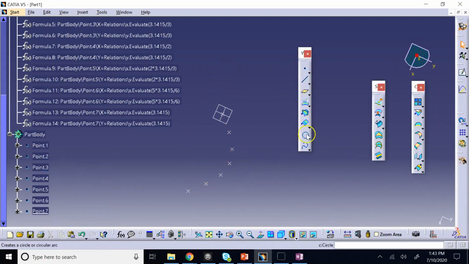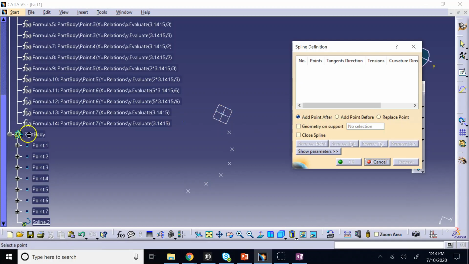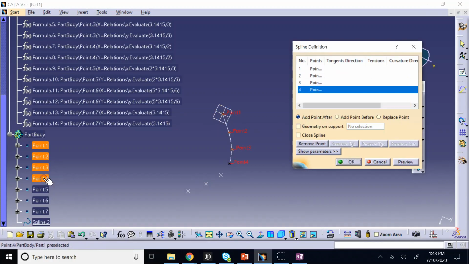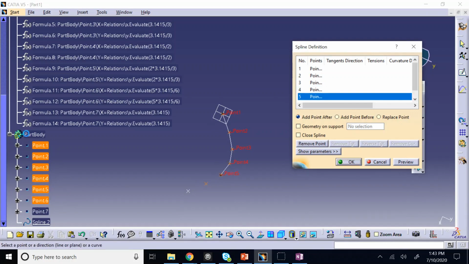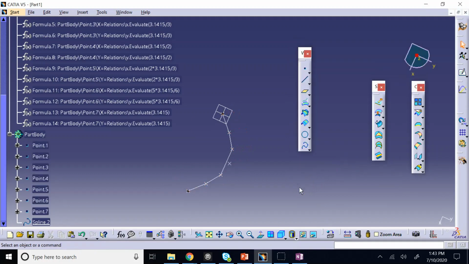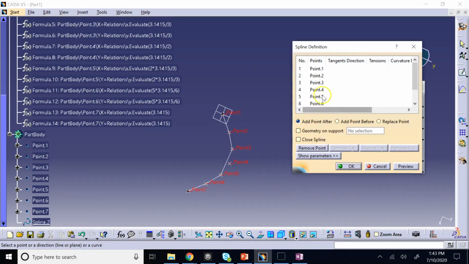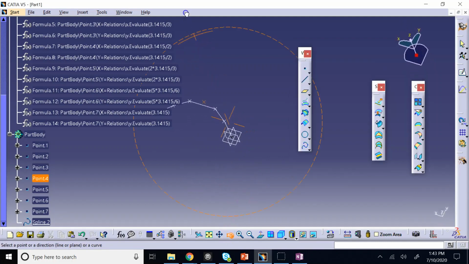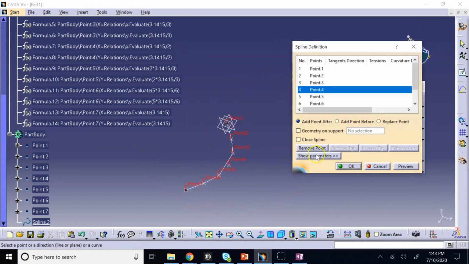So let me do it one more time, make sure what I'm doing. Here, here, here, here, here, here, and here. Okay? So, again, that is interesting, although the point is there, but it is not passing through the point for me, which is quite interesting.